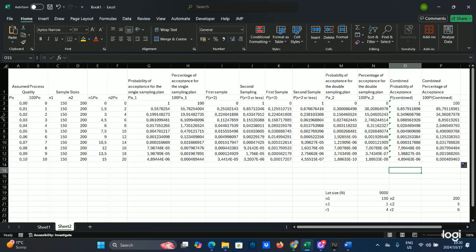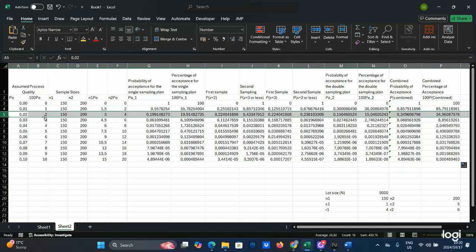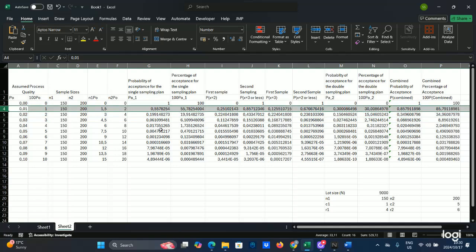So you look for if C here was 2, the probability of acceptance is 34%, but if they found 3, the probability of acceptance goes down. But as it stands, you can determine your probability of acceptance if C is equal to 1 as 85% if they use the double sampling plan, which dramatically increases from the 55% that was initially determined by the first sampling plan.